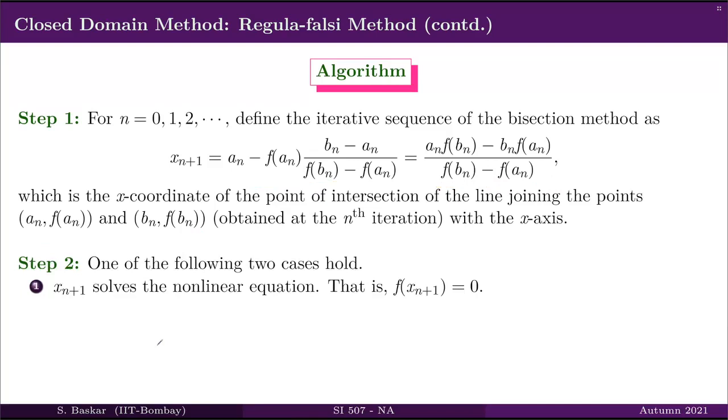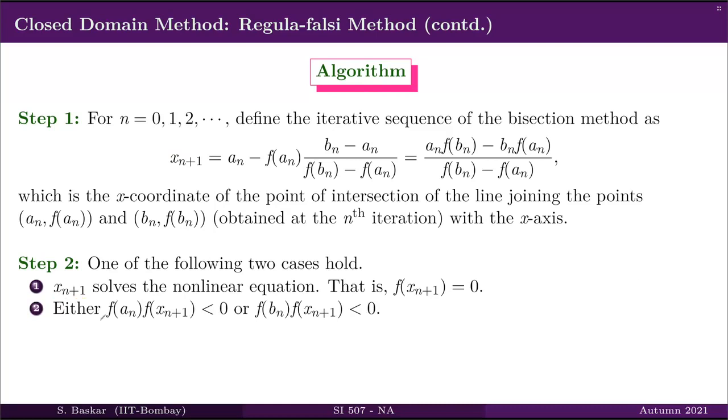Once we are done with n iterations, and when we go to construct the interval for the n plus 1th iteration, we will be computing the value of xn plus 1 using this formula. If that value happens to be a root of your equation f of x equal to 0, then you will stop the iteration there. If it is not so, then what happens?